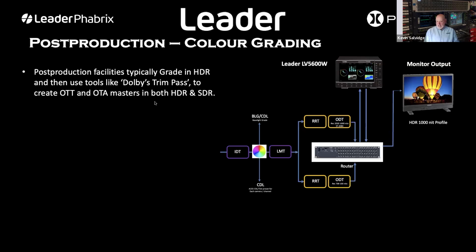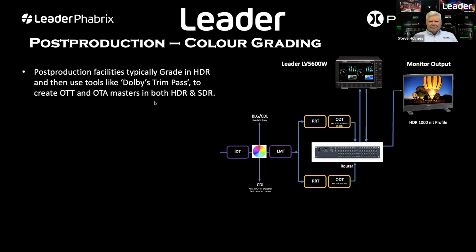But they may occasionally have a scene that they're thinking, have I pushed it too far? Is it going to lose that artistic intent in SDR because of this? And the method that you'd have to use in the past, or most people use today, is to create a Dolby trim pass. So you mark it in and out, create a trim pass, and create an SDR clip, which you then view. But the beauty with the Leader LUT is you can put that LUT onto the waveform monitor and switch it on.